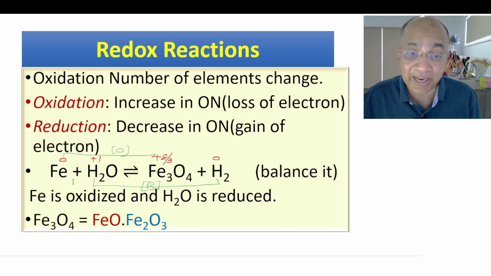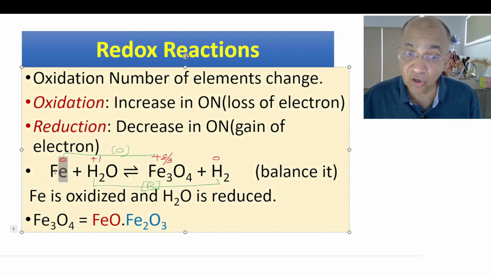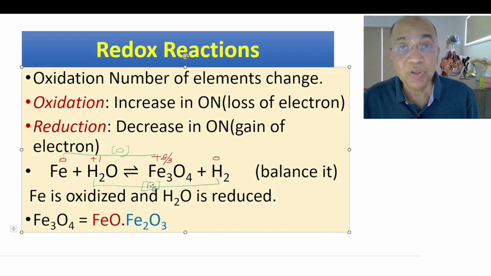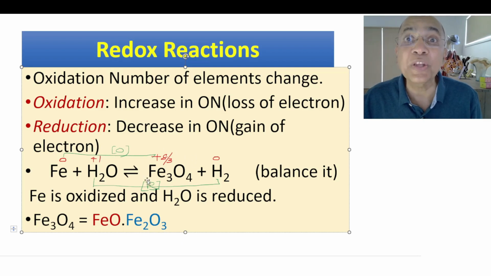In this case, red hot iron reacts with superheated steam to give you the magnetic oxide, or ferric oxide, about which I was discussing, plus hydrogen. Iron will be able to displace hydrogen from water only under stringent conditions.